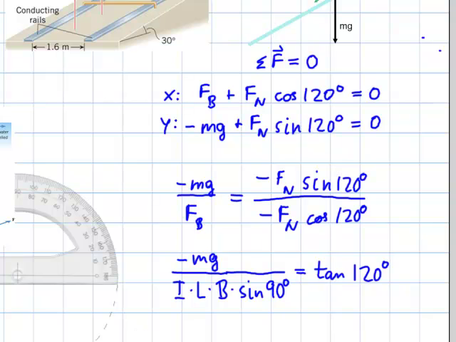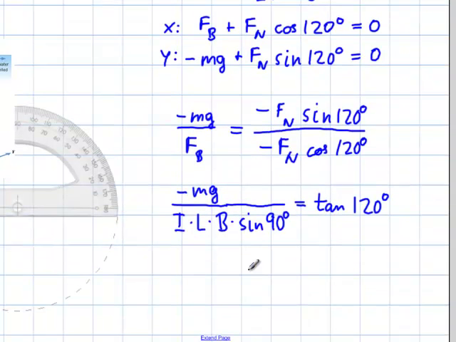And then I solve for I, and I think I'm just going to write the I here on the right hand side. I equals negative mg divided by LB.